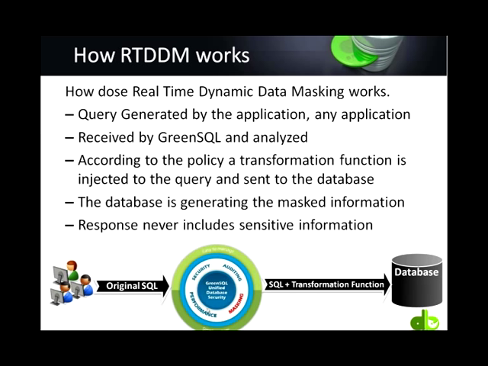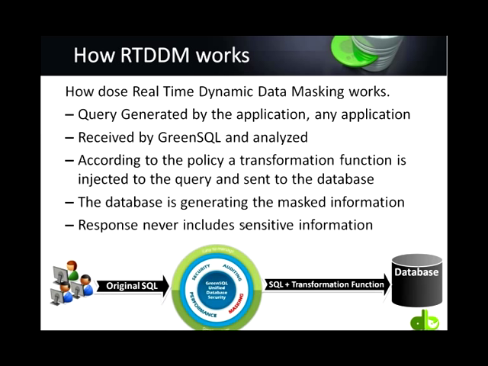And once GreenSQL has received the query, it looks through the different policies that are configured in GreenSQL, and it injects a transformation function inside of the query. This behavior makes sure that you will not have to make any changes in your application or in your database once you choose to use this type of transformation function.